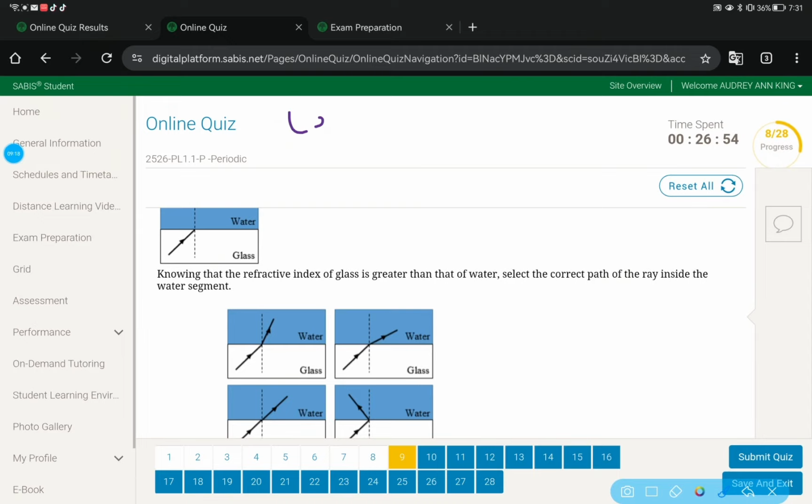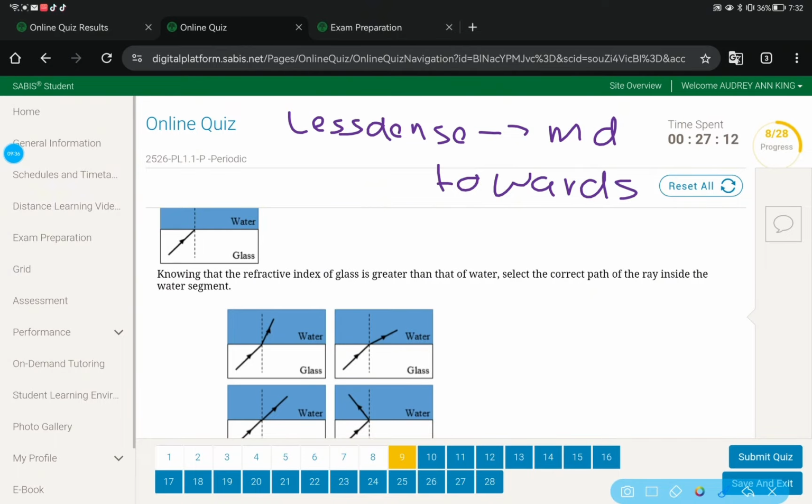So when you're going from a less dense medium to a more dense medium, you're gonna go towards the normal. And when you're going from a more dense to a less dense medium, you're gonna move away from the normal.